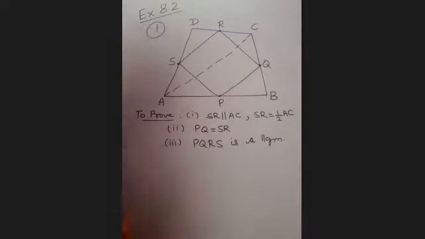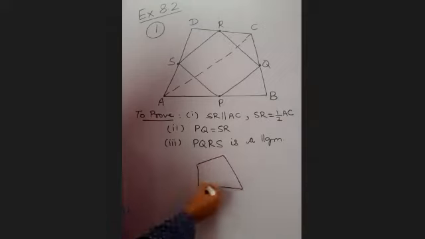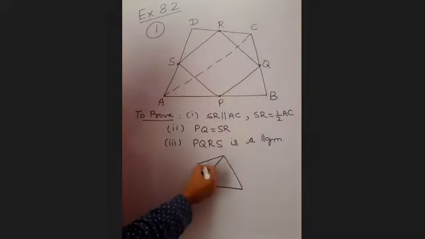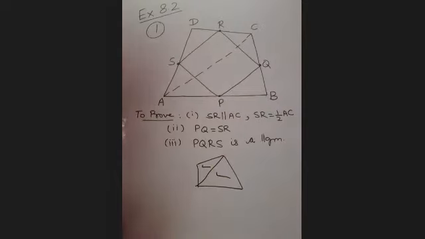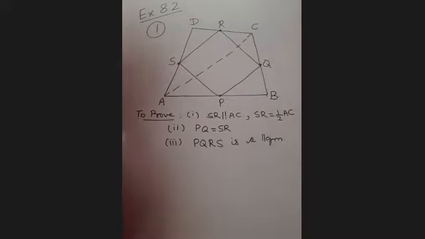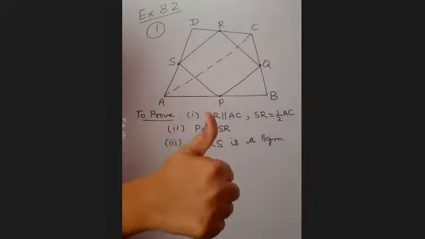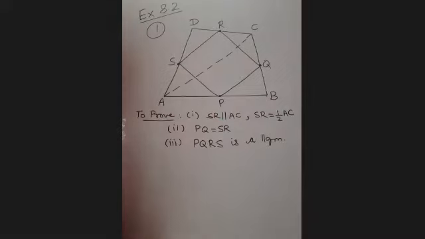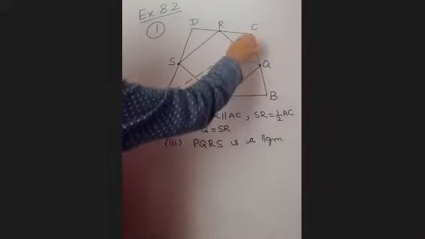But children, do we know that any quadrilateral, if we join a diagonal, can be divided into two triangles? Yes, ma'am. So here in the question we are given that AC is joined. AC is a diagonal.